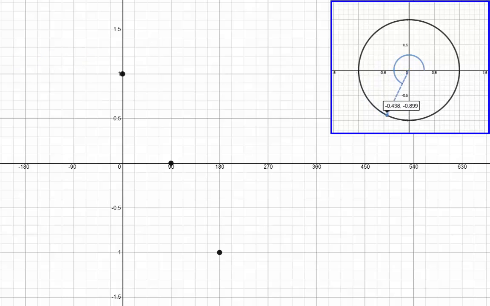Down at 270 degrees, we can see that cos 270 degrees equals 0, giving the point 270, 0. And finally, moving through the fourth quadrant to 360 degrees tells us that cos 360 degrees equals 1, so we can plot the point 360, 1.